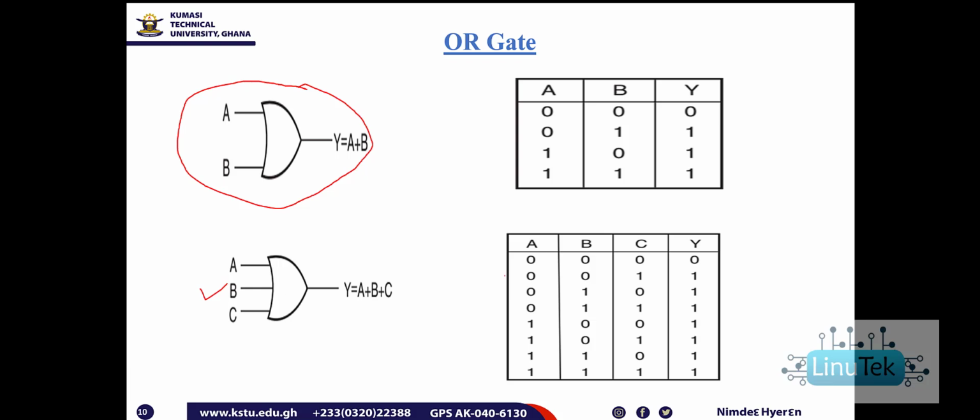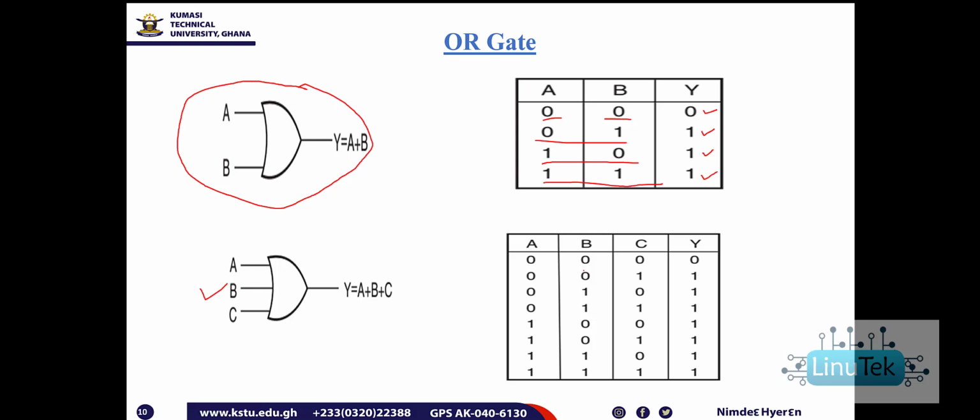So you would see that for these inputs here, where we have 0, 0, the output is what? 0. Where we have 0, 1, the output is 1. Where we have 1, 0, the output is 1. Where we have 1, 1, the output is what? 1.